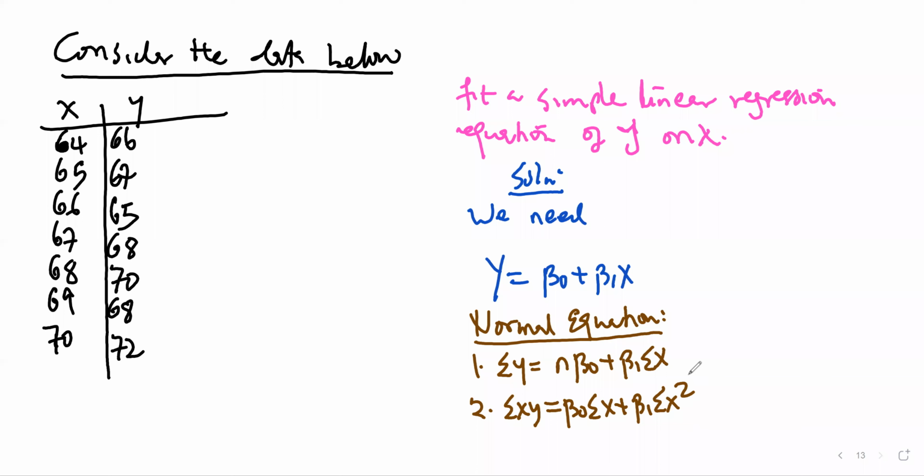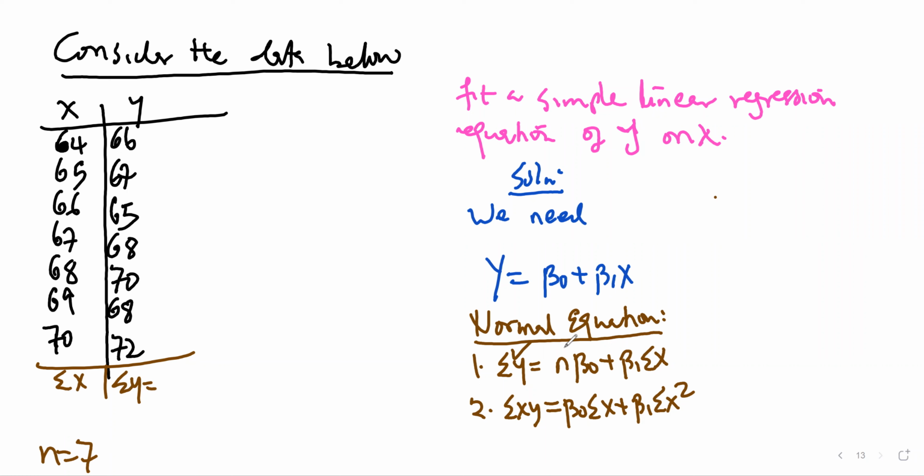So for you to come up with the required equations, you need these values. You need summation of y, which you can get directly from the data. You need the number of observations, 1, 2, 3, 4, 5, 6, 7, n is 7. You need summation of x, which you can get from the data.